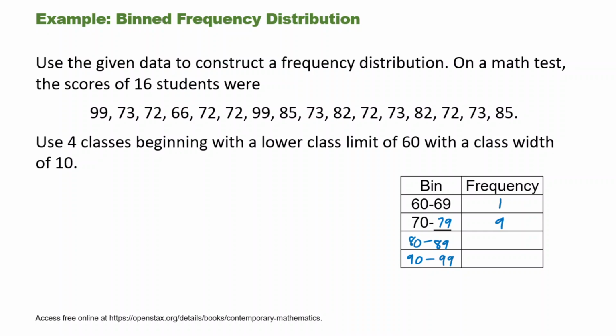Next, we have 4 pieces of data between 80 and 89, so that the bin 80 to 89 has a frequency of 4. And finally, we have 2 pieces of data between 90 and 99, so that the bin 90 to 99 has a frequency of 2.